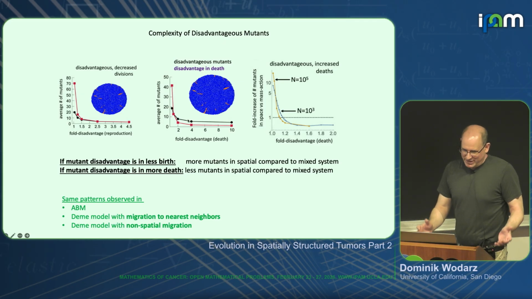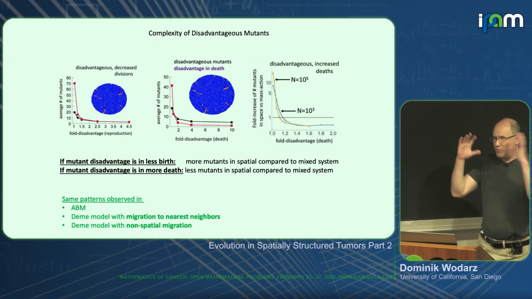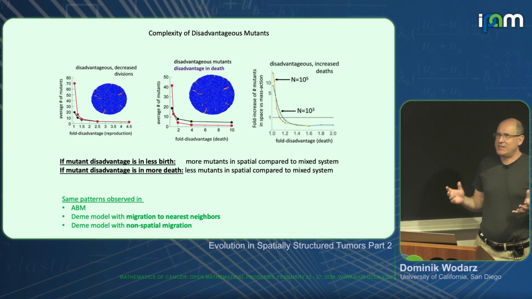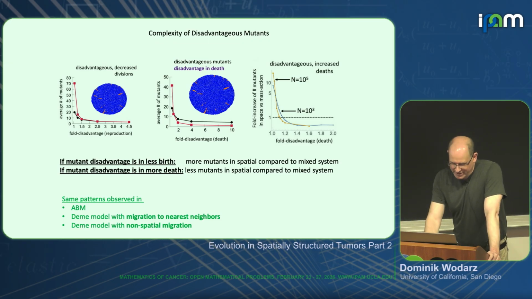So it's a very complicated, complex dynamics, and it is important to take all of this into account if you want to work your way towards being able to predict how many mutants are going to be there at a given threshold size in a tumor, for example. This is a very simple model, doesn't take any of the tumor complexity into account, but obviously a tumor is spatially structured, so it's going to build on this kind of framework.